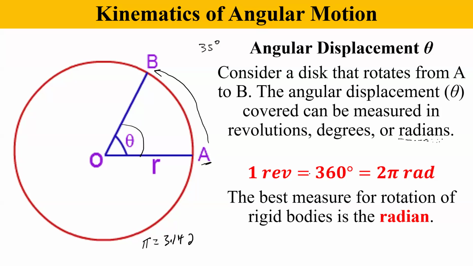Established. So now it is recognized that for 1 revolution, which is equivalent to 360 degrees, the parallel in terms of radians is 2 pi radians. So now you're not measuring in degrees anymore. For angular motion, we don't use degrees, we use radians. That's all we have established.